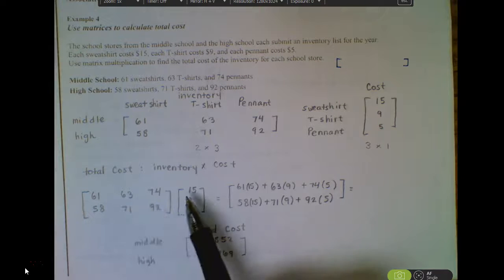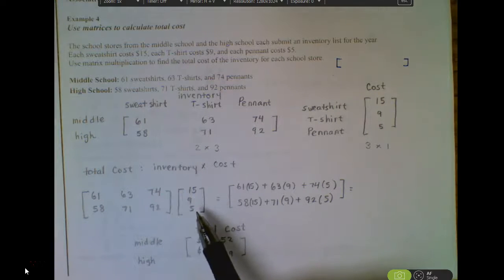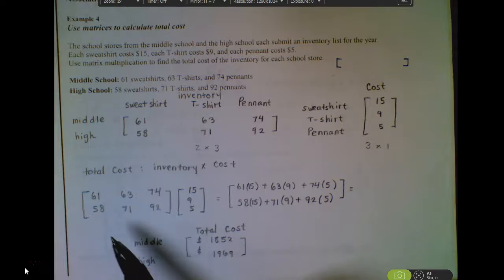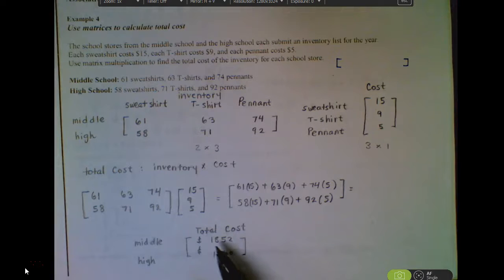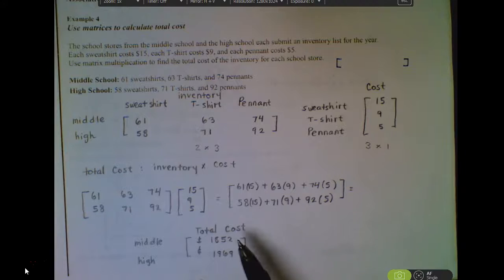So here's my inventory times cost. I did the top row times the column in order to get my top row answer. Then I did the bottom row times the one column in order to get my bottom row answer. And so you can see the numbers connected together over here for how we came up with our cost matrix. And so now we're seeing our total cost for middle school and our total cost for high school.